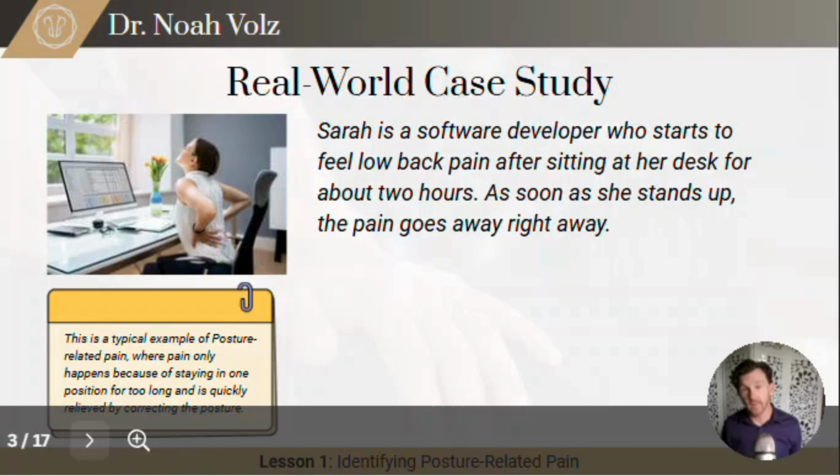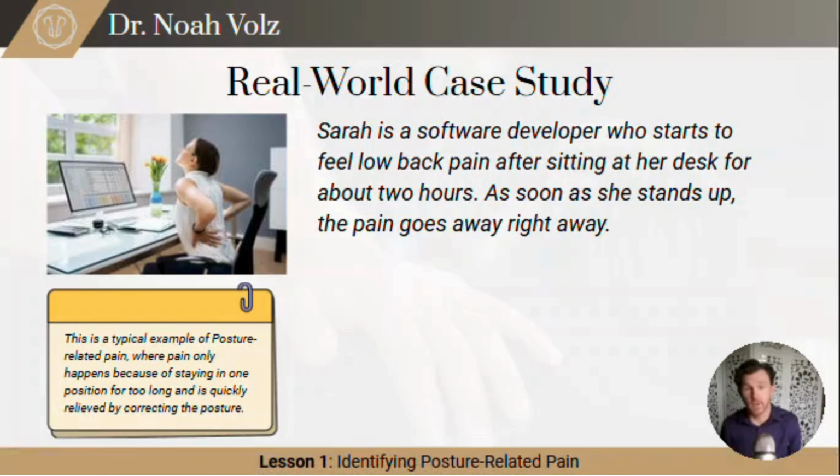And she can get this pain to go away. If she stands up, if she moves around, if she takes a micro break, the pain does improve, but then it comes back a couple hours later. So this is very typical of posture-related pain, and it happens because of posture. In this course, I'm going to give you the tools to get rid of this pain and to manage it long-term so that it doesn't return.